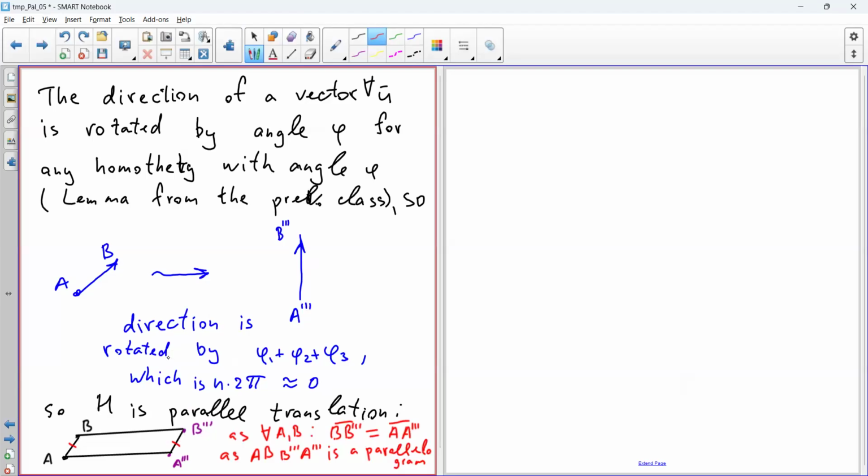And then everything would be defined by the image of just one point. If we know the resulting position under H of at least one point, then we can tell which type of parallel translation it is.